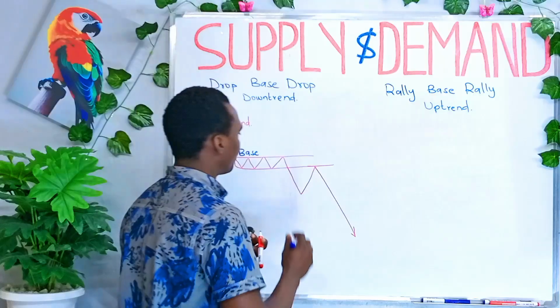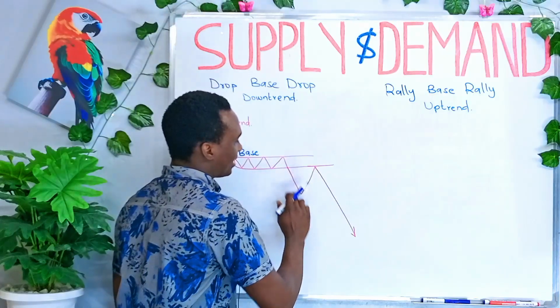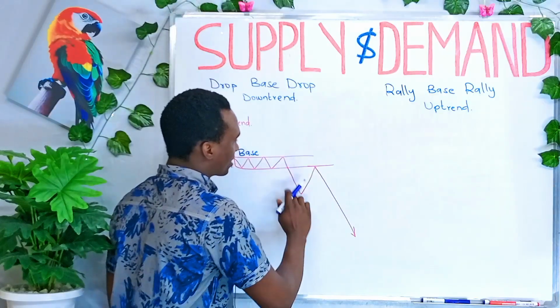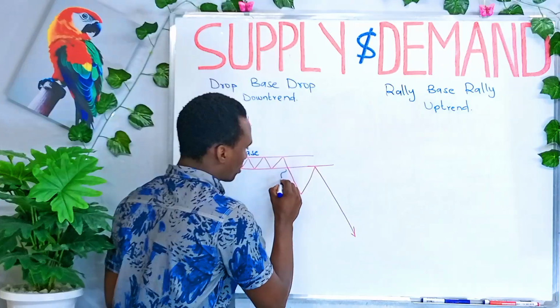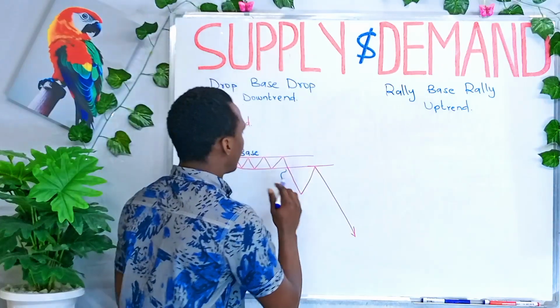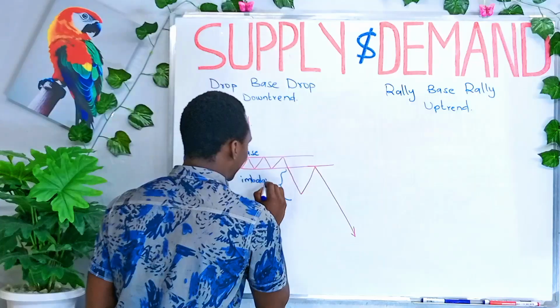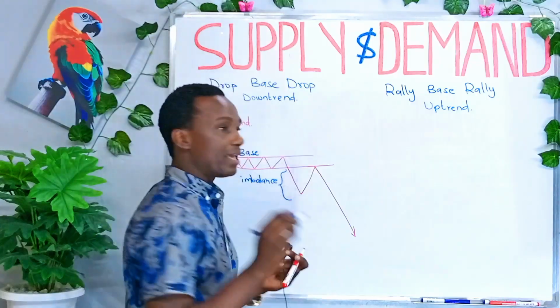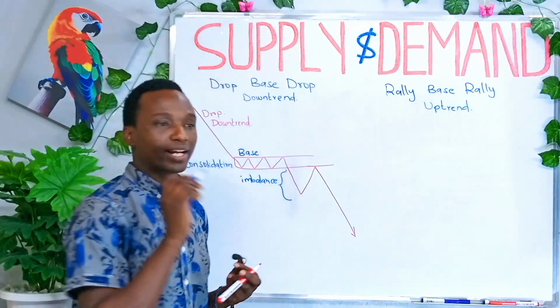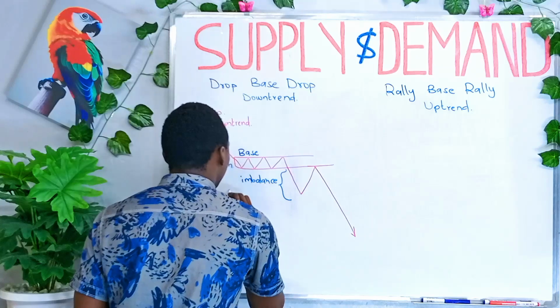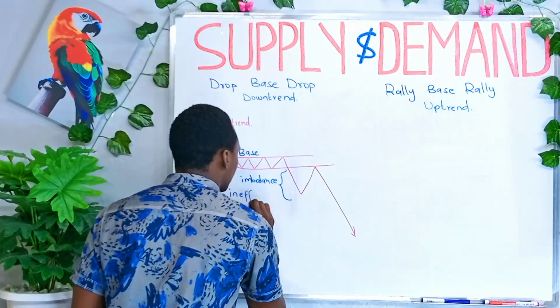Good. So what forms this move is something we called what? An imbalance. Okay, so this one is an imbalance. The imbalance is also created by an inefficiency in the markets.